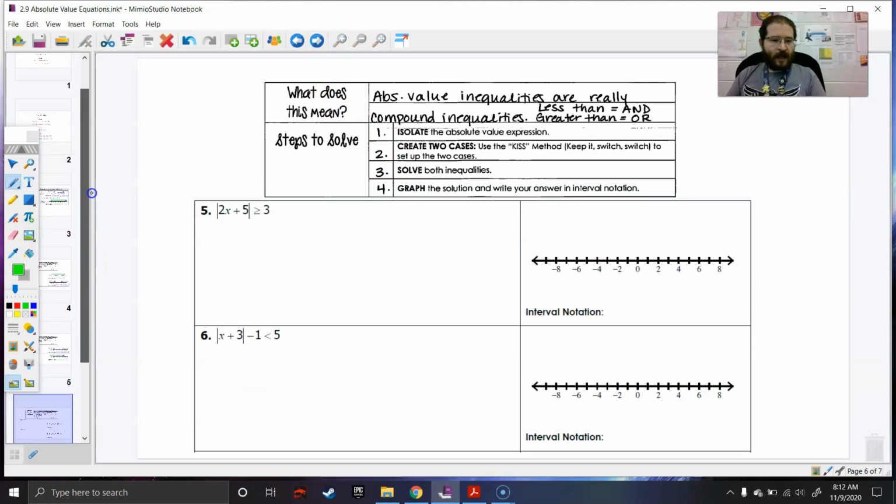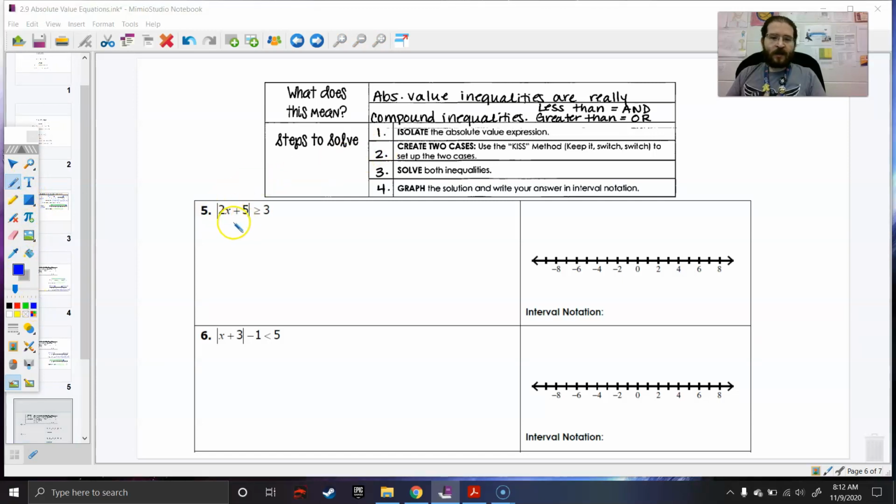All right. I believe these are the last two problems that we have. Okay, so we isolate, so it's already isolated in this case. So we have 2x plus 5 is greater than or equal to 3. And then our second case, 2x plus 5 is going to be less than or equal to negative 3. All right.